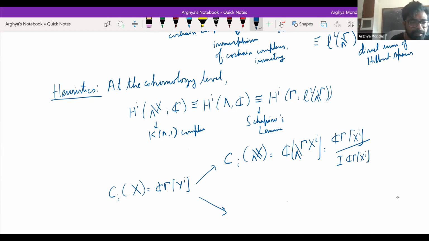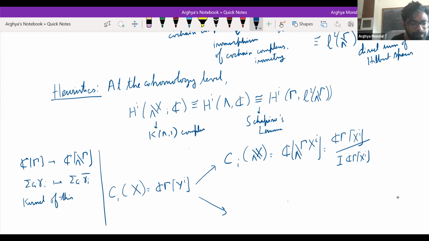So this ideal is basically, if you look at the obvious map from CΓ to C[Γ/Λ], sending the sum of c_γ γ to the sum of c_γ γ-bar, the kernel of this, which is a right CΓ module, is I. So you have this thing, and then you want to look at the homology of the quotient complex. So you just apply the Hom complex on C of this type.